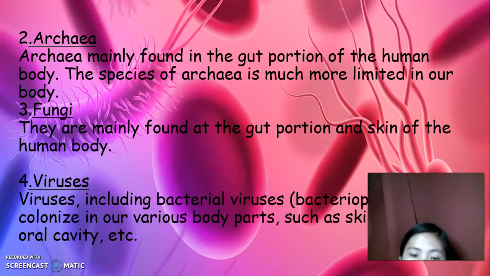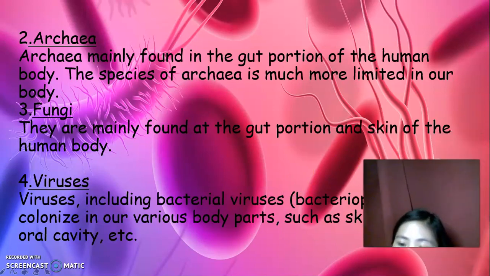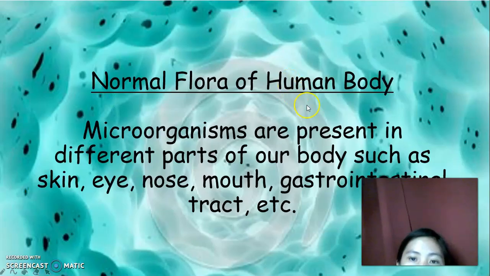Viruses, including bacterial viruses, colonize various body parts such as skin, gut, lung, and oral cavity. Next is normal flora of the human body. Microorganisms are present in different parts of our body such as skin, eye, nose, mouth, gastrointestinal tract, and so on.